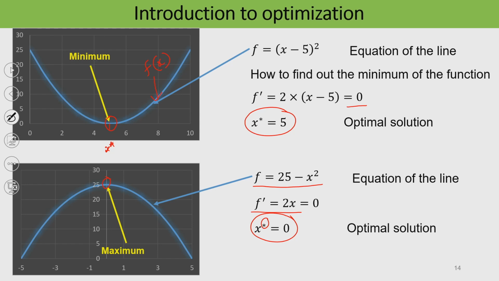I will also discuss what an inflection point is. In this case the solution is x star equal to 0. I think you have already solved this type of problem at your school level. This is called finding minima or maxima of a function.